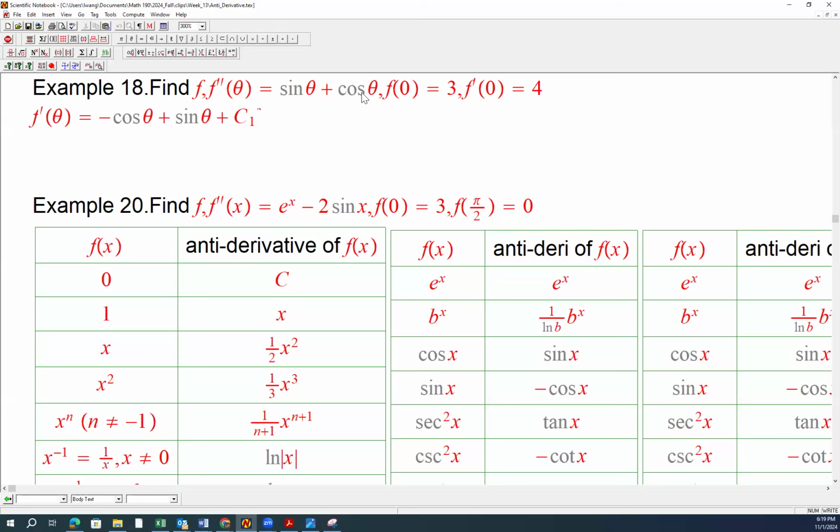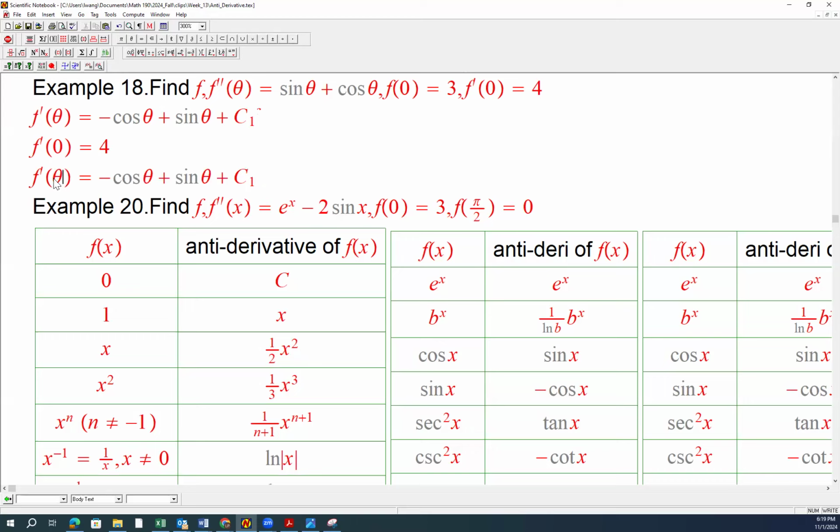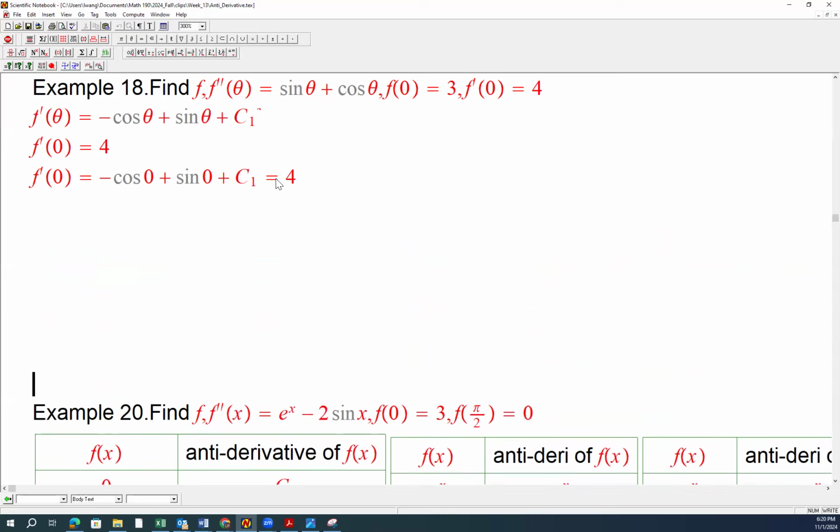At this point, we can apply this initial condition. We will replace theta by 0. So all the theta will be replaced by 0 and it equals 4. And negative cosine 0.